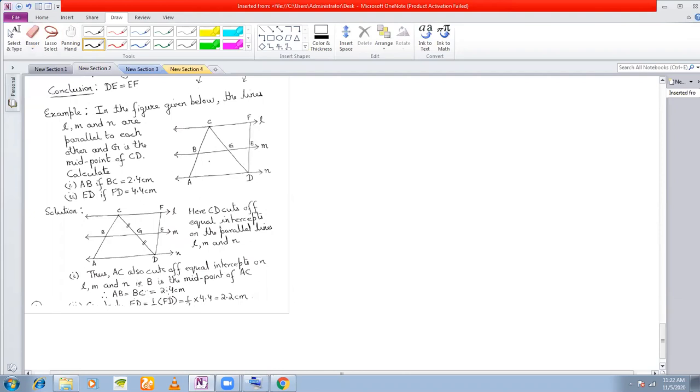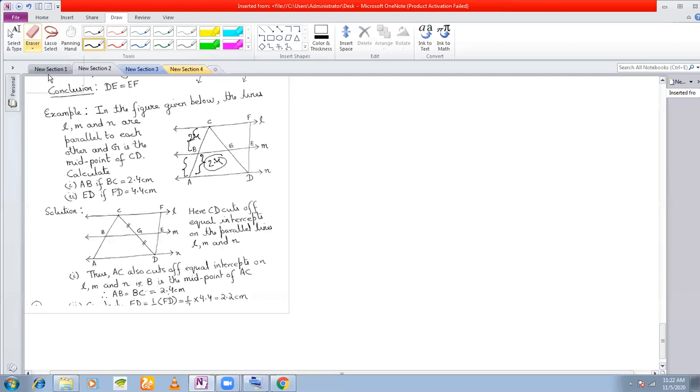See what I have written. Now see the question here. L, M, N are parallel and G is the midpoint of CD. Calculate AB, given that BC is 2.4. If BC is 2.4, obviously this will also be 2.4 because they are equal, from the theorem on intercepts, right or wrong? Yes, sir.